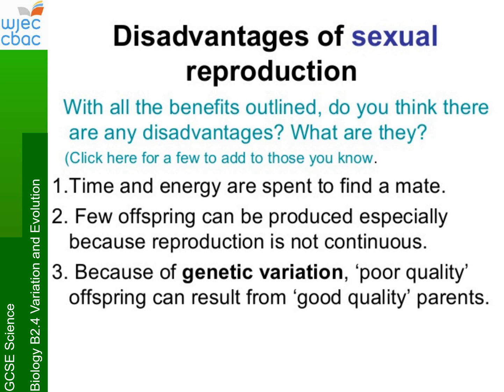In terms of birds, they feed the baby birds in the nest. If you have too many, you will not be able to feed them all. And because of genetic variation, poor quality offspring can also result from good quality parents, because the mixing up of the genes and the DNA is completely random.